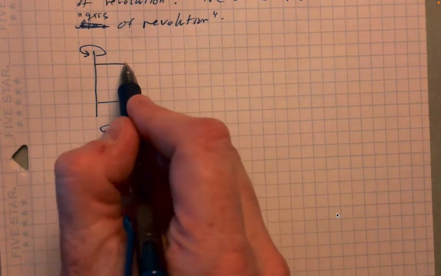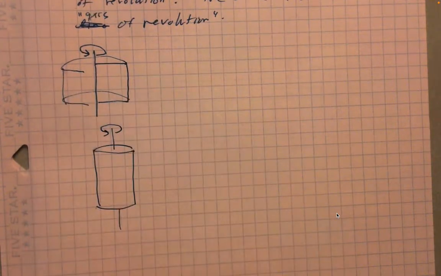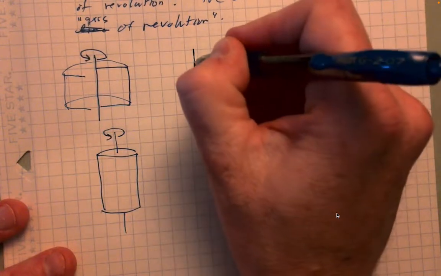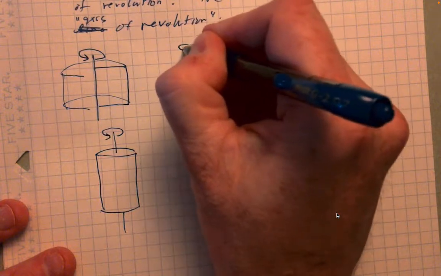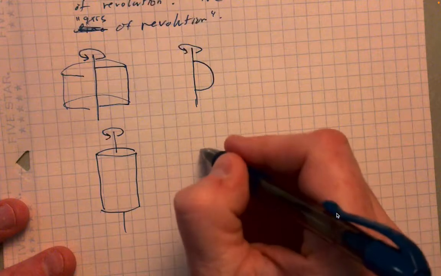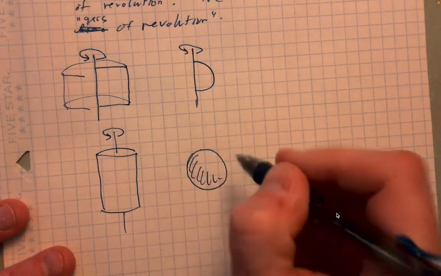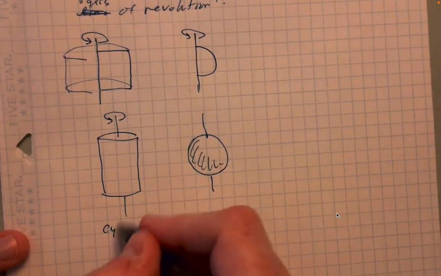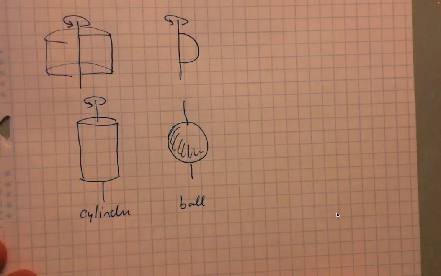You can imagine this would just rotate around, and you'd end up with a cylindrical shape. Similarly, if I start with a semicircle in the plane and rotate it about an axis in the plane, then what I might expect to get would be a sphere. So here you get a cylinder, here you'd get a ball or a sphere.